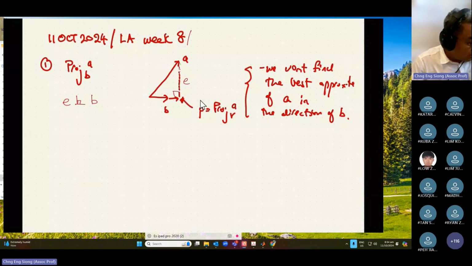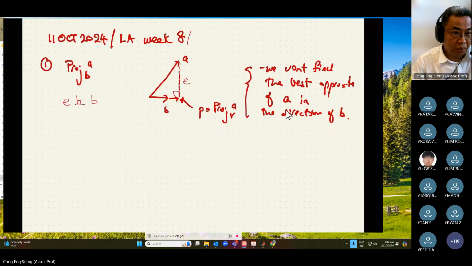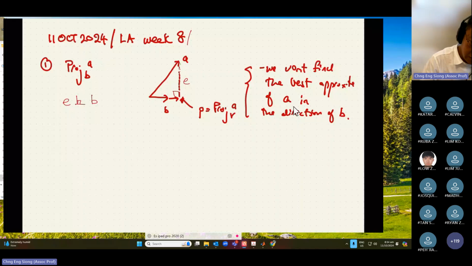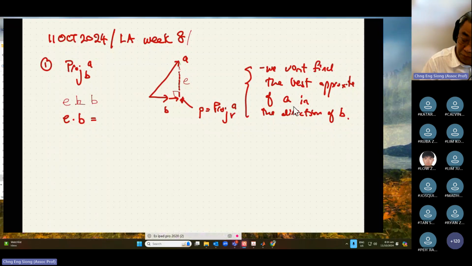So with that, we can think of the clever idea. What's the clever idea? We start with the first idea that the error and the B vector must be orthogonal, so the dot product must be 0.